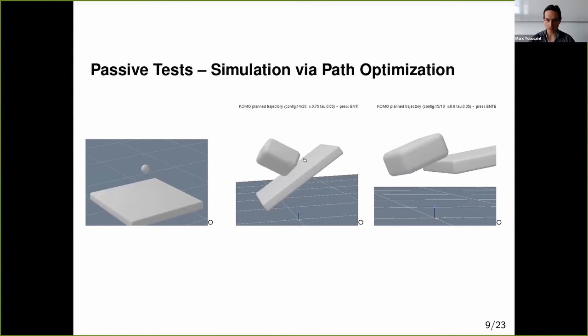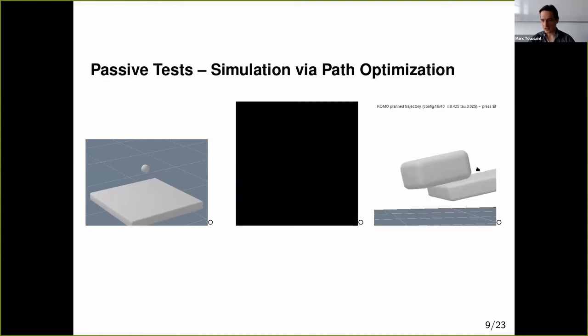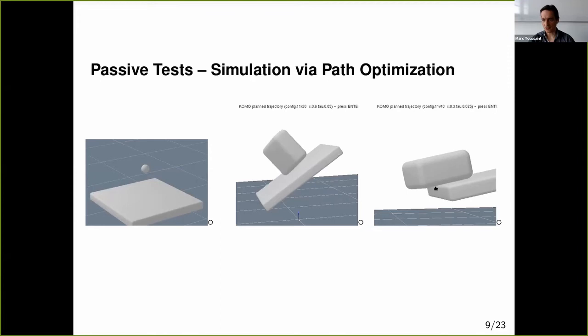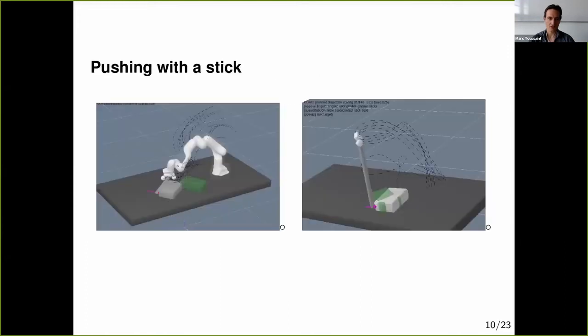And there is another example, and the point here is you see the point of contact is being optimized to exert the right forces. And here also the point of attack is being optimized to be at the right places, and it can really do transitions between contact geometries. This is all passive. There's not really anything interesting going on in here. This is a bit more involved. Here the goal is for that thing to get into the green target region.